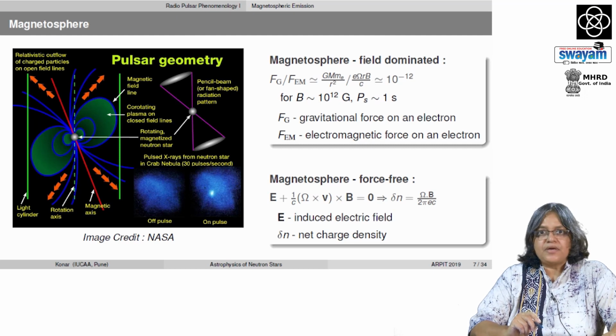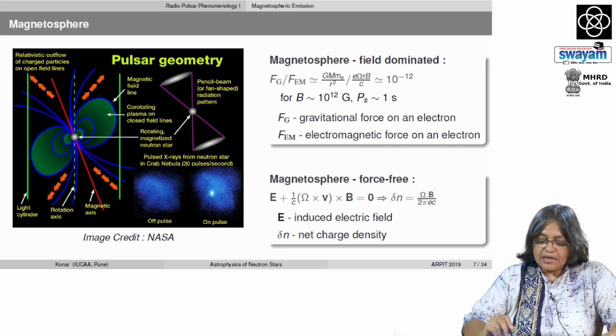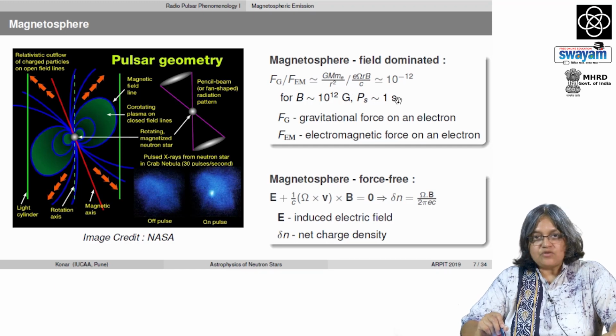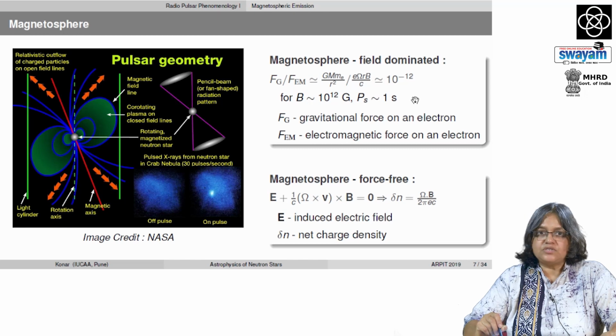If we, for example, calculate the force on an electron due to the presence of the electromagnetic field there and gravitation, then we have this quantity, F gravitation by F electromagnetic, and for a magnetic field of 10^12 Gauss, which is typical for an ordinary radio pulsar, and a spin period of 1 second, this ratio becomes 10^-12, which means that gravitational force on a charged particle in the neutron star magnetosphere is basically negligible.